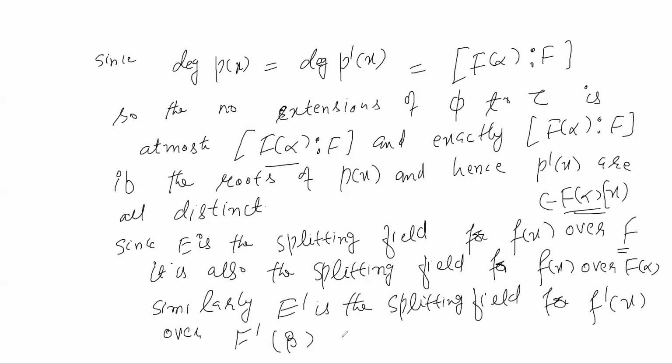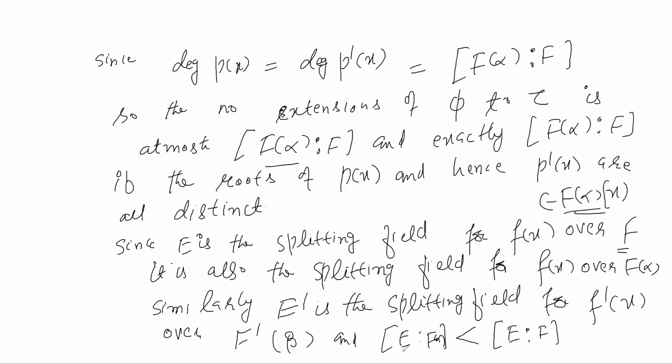And we know that the degree of extension of E over F alpha is less than the degree of extension of E over F, because F alpha is a proper subspace of E over F as a vector space.